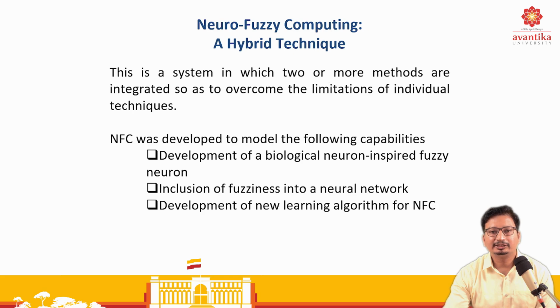In hybridization, instead of using a single soft computing approach, we can use a hybrid approach, which is a mixture of one or two different methods, so as to overcome the limitations of the individual techniques, because it may happen that any particular soft computing approach has certain limitations. If we want to overcome those limitations, we have this facility to hybridize two or more different soft computing approaches and design a different hybrid system.